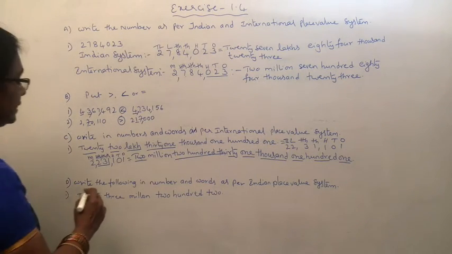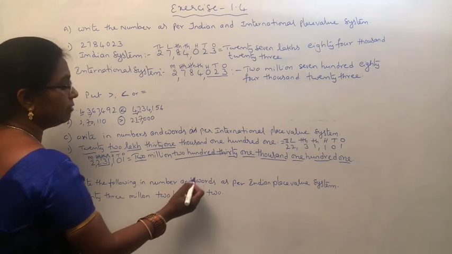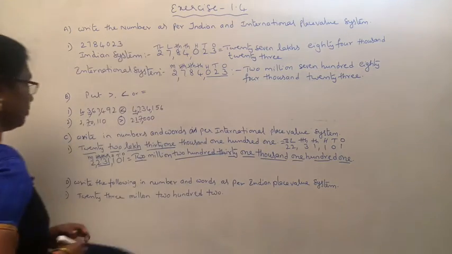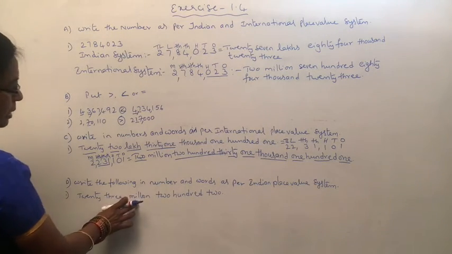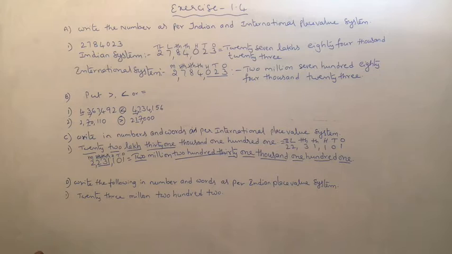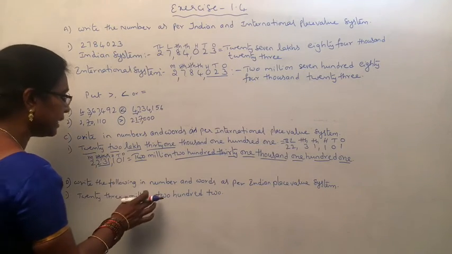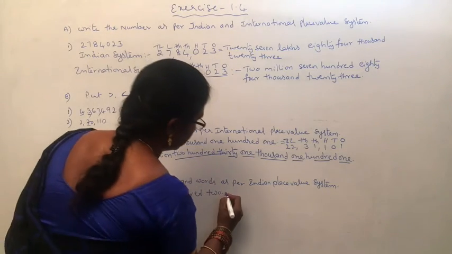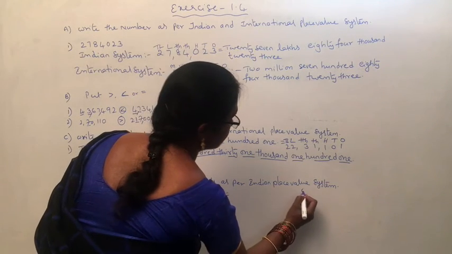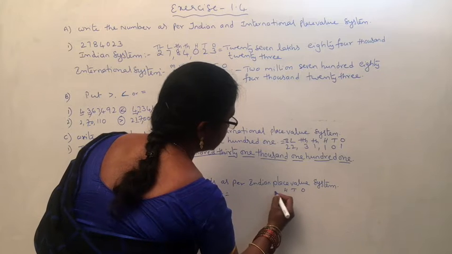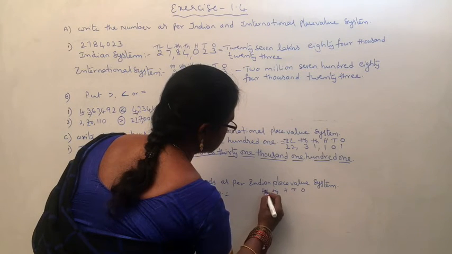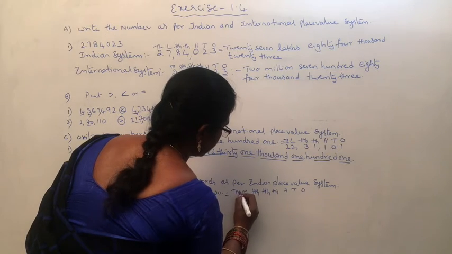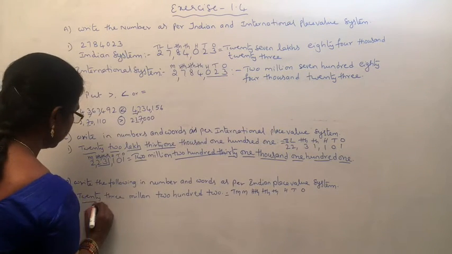Next one, write the following in number and words as per Indian place value system. Now he has given the number name in international system. Then first you have to write that number name as a number. How? 23 million means first you have to write place values. Ones, tens, hundreds, thousand, 10,000, 100,000, million, 10 million. How many millions are there? 23.